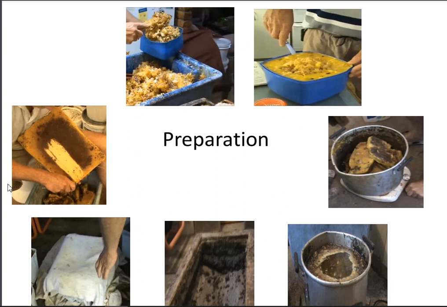Now, this is the method of preparation. First, the beeswax is melted and obtained. The honeycomb walls are boiled at a certain temperature in order to remove impurities. Then it is put through a filter.